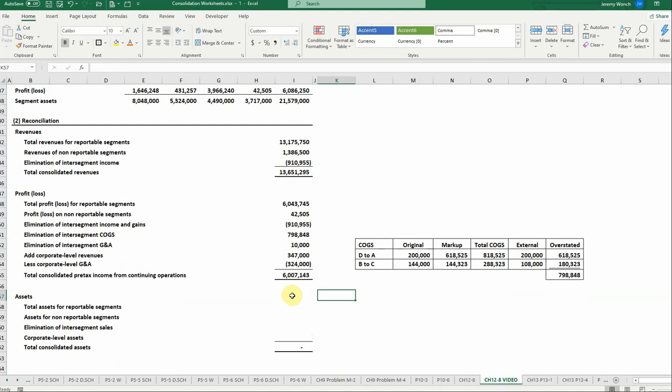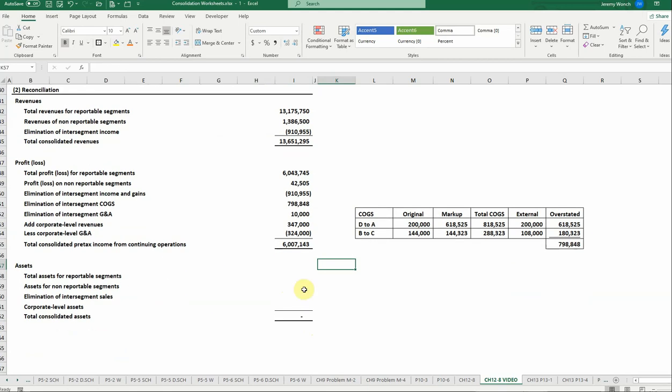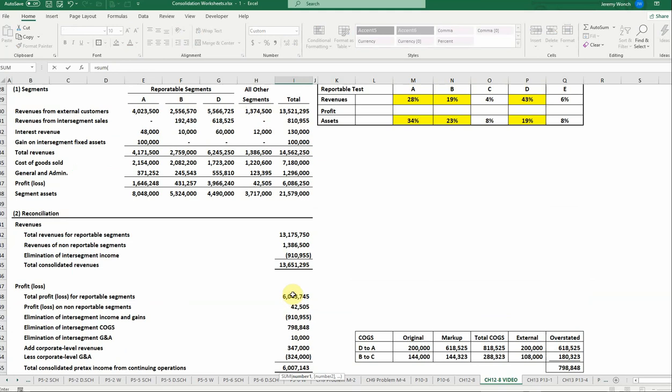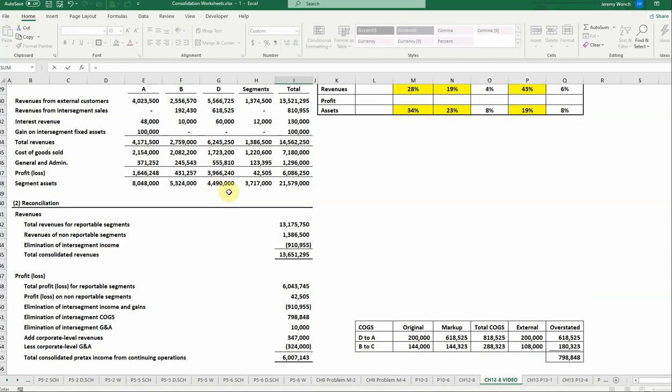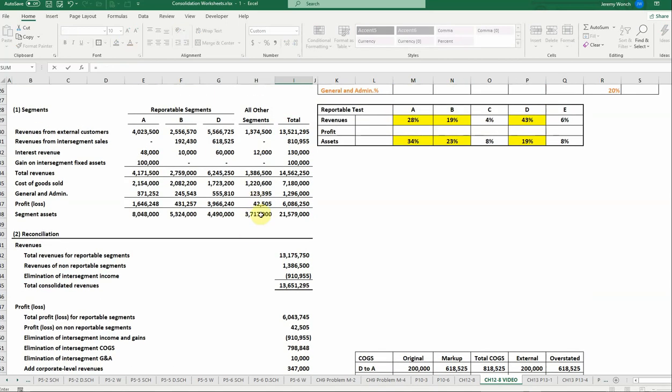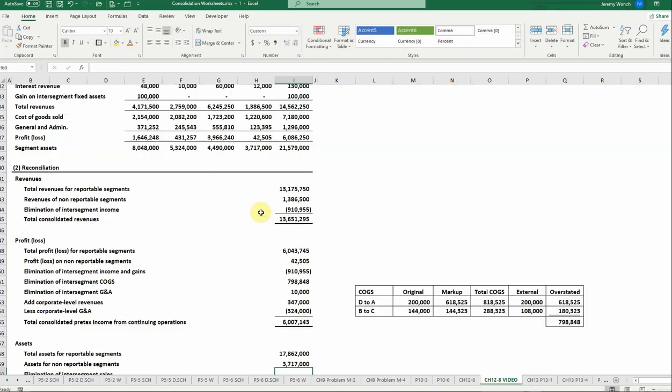All right, and then the last reconciliation that we need to do is assets. So we're going to add up the assets of all reportable segments, going to be right here, and then the assets of other segments, which is right here.